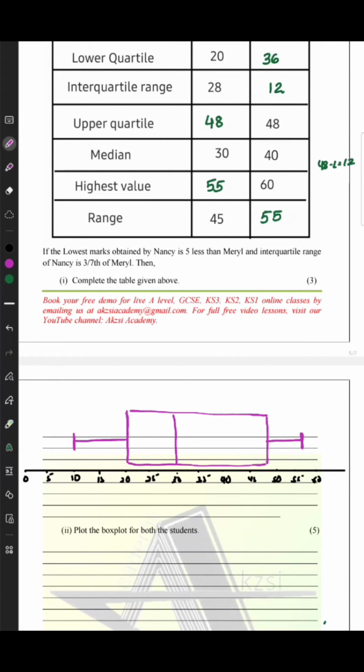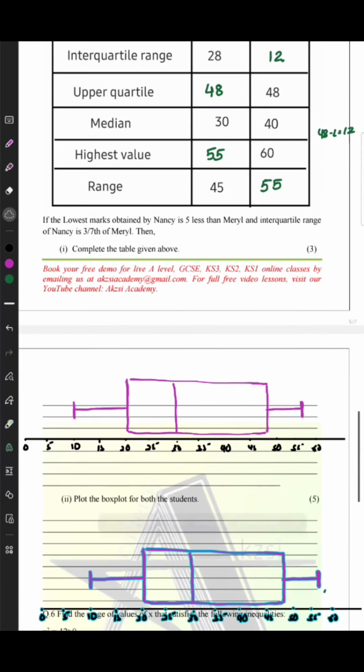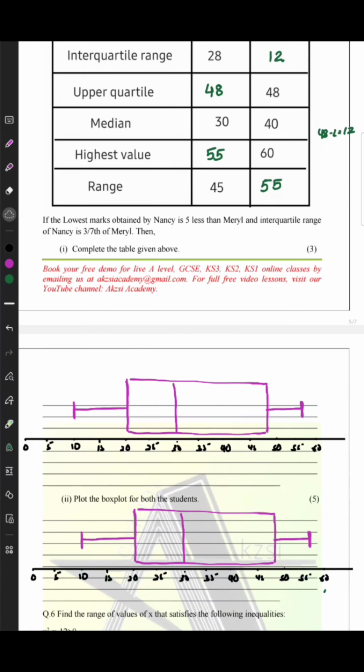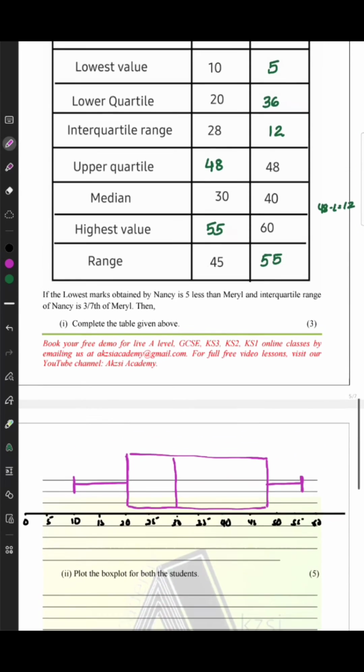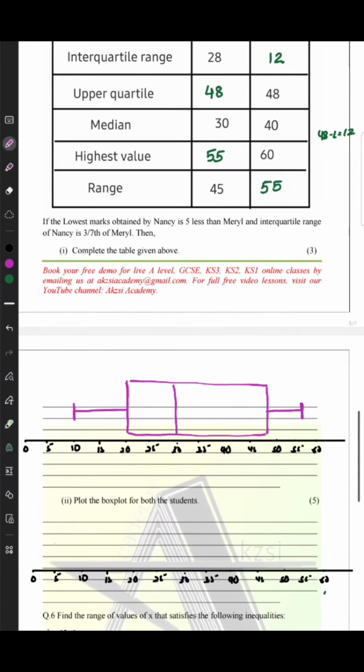Similarly, I can plot the box plot for Nancy. So let me just take the same scaling, like this. Now the lowest value is 5, so that's 5.